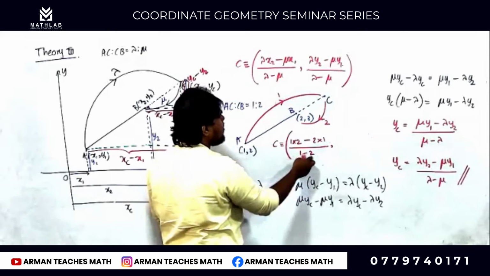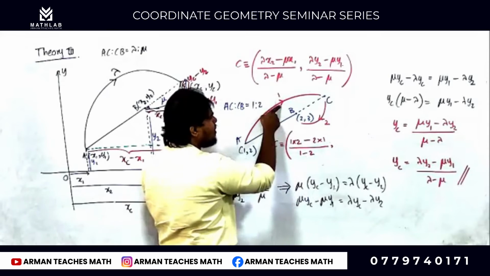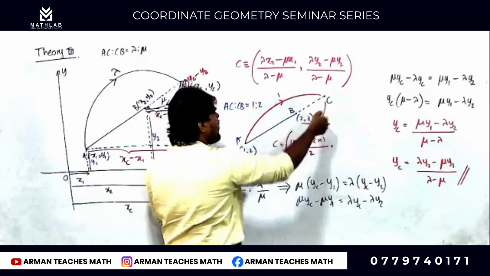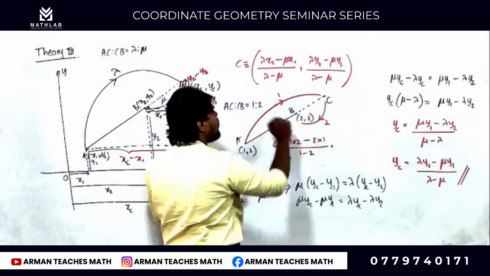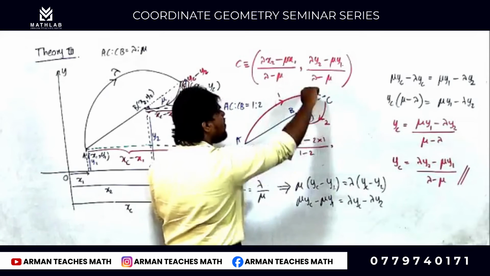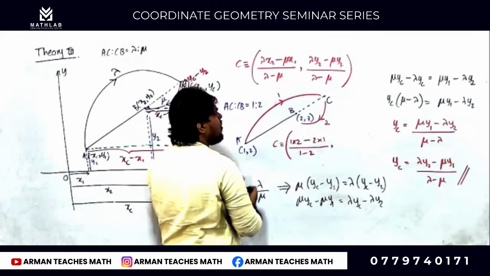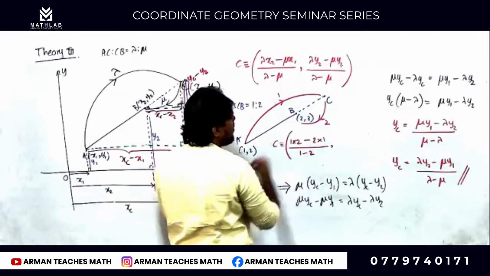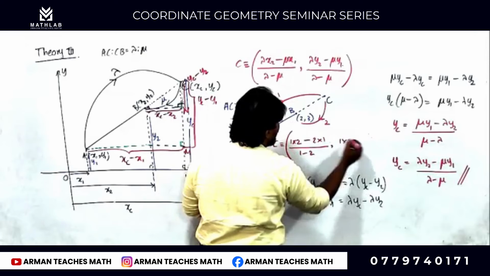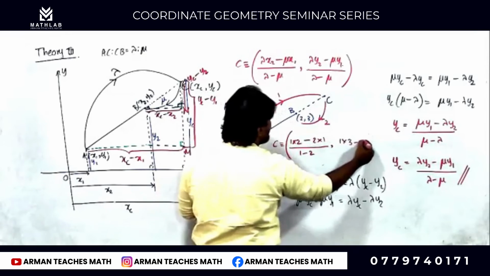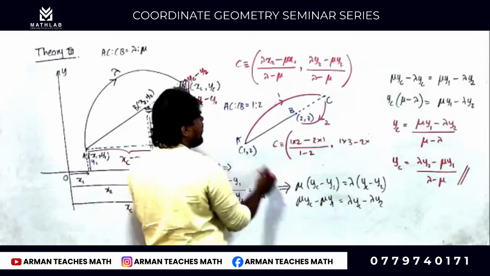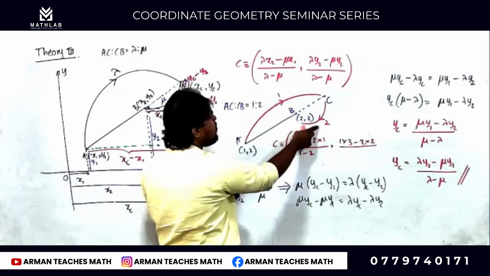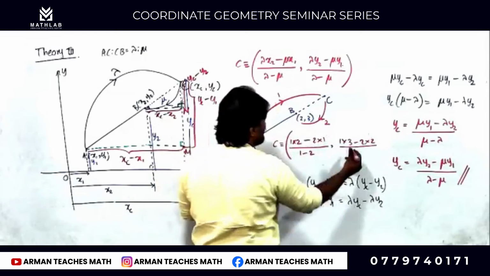Always remember this order is important. We take this one first, so lambda minus mu. 1 minus 2, coming back, remember minus, minus 2, comma, 1 times y coordinate 3, coming back means minus 2 times this y coordinate, divided by lambda minus mu, 1 minus 2.